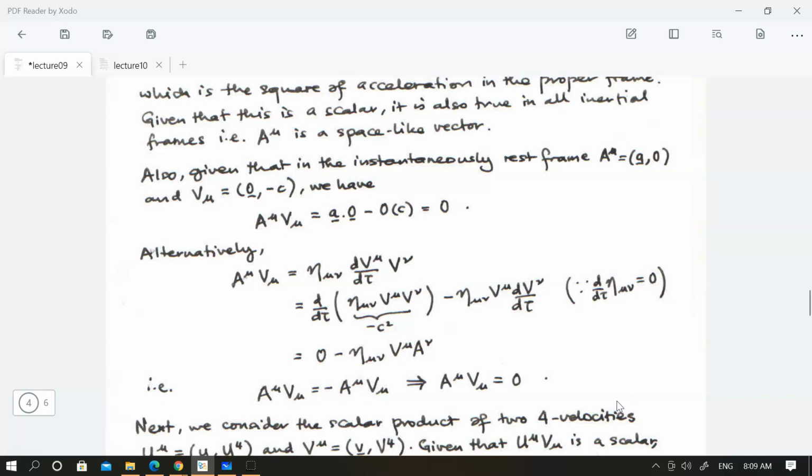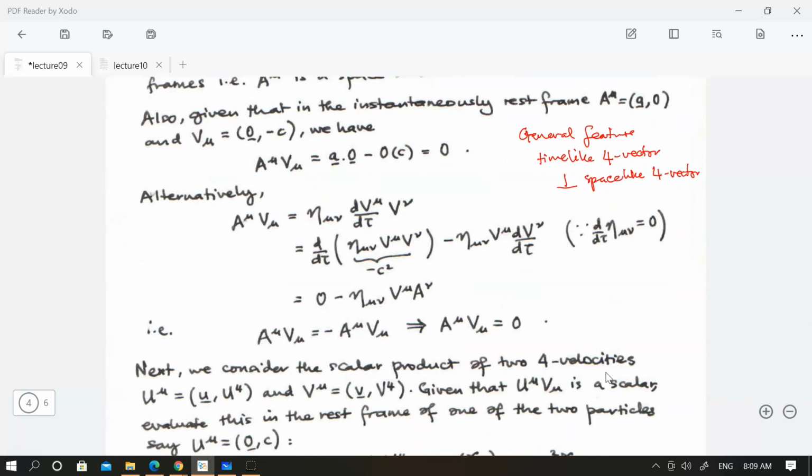This is a general feature of a time-like 4 vector being orthogonal to a space-like 4 vector. Perhaps how to prove it will be given in the assignment.